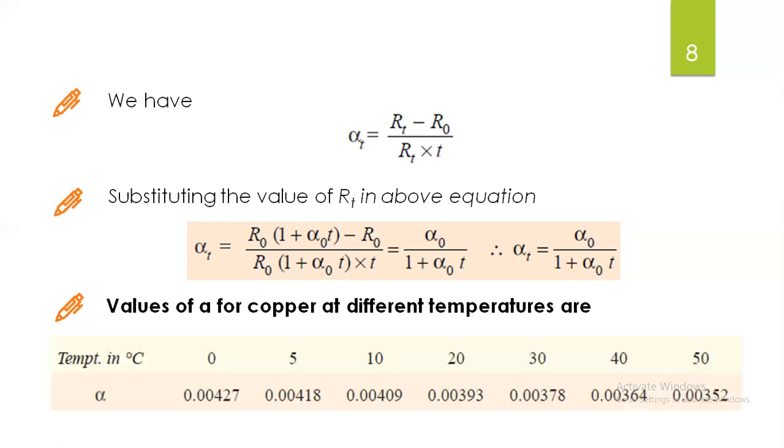The values of alpha for copper at different temperatures are shown here. At 0 degrees Celsius, alpha is 0.00447.